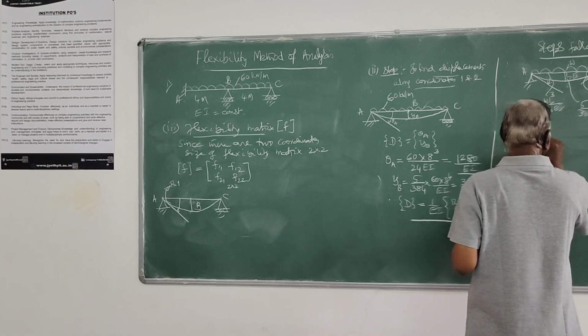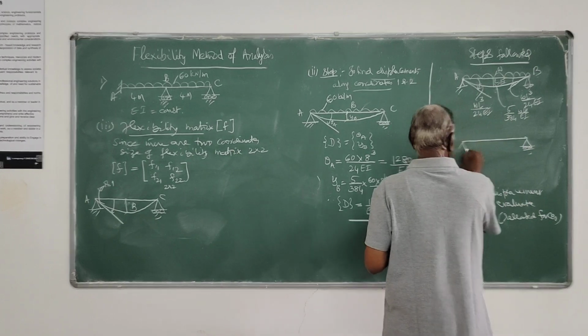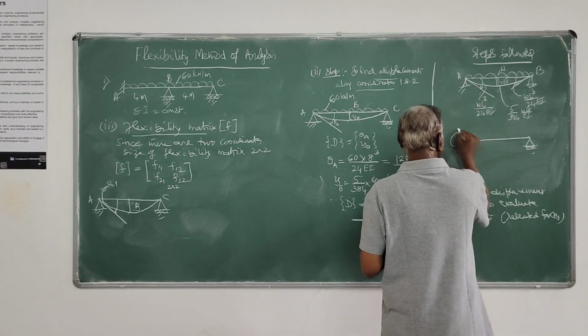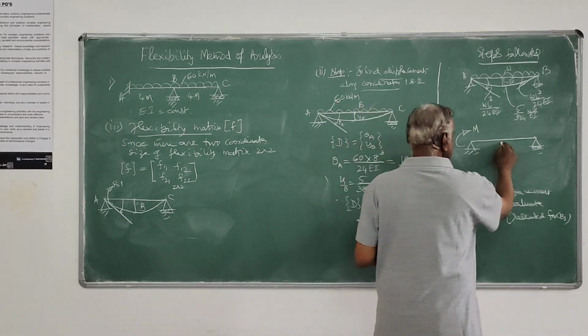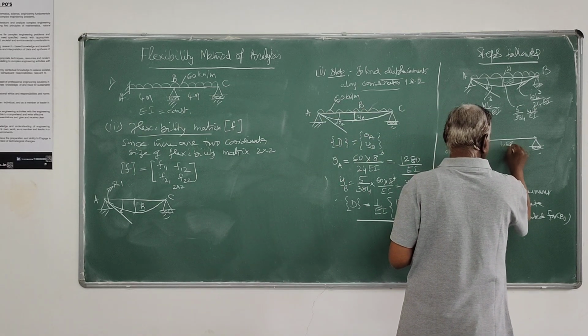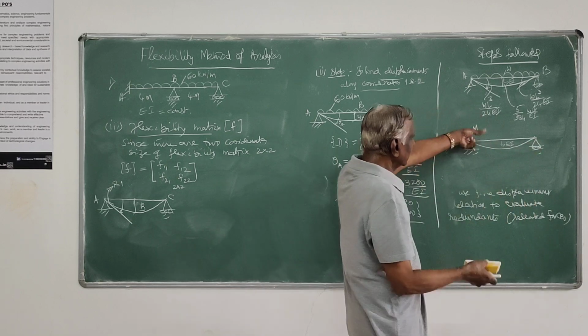Suppose you have a simple beam subjected to a moment M at one end. If L is the length of the beam and EI is the flexural rigidity, then this beam has to deflect like this.